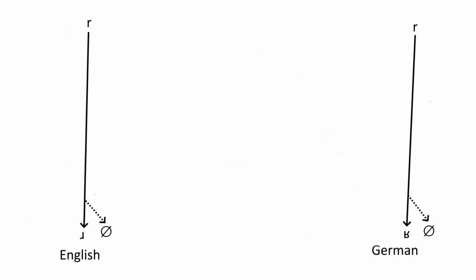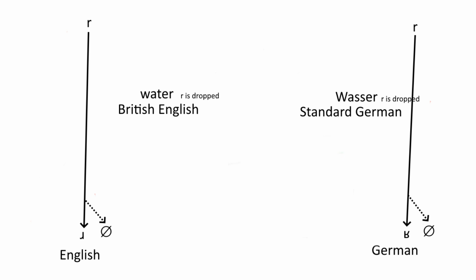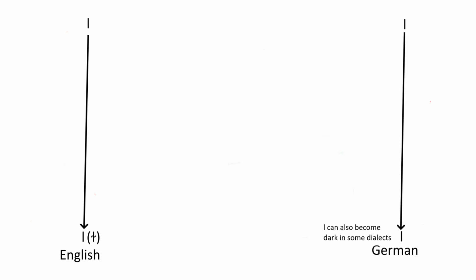Non-rhoticity, the recent phenomenon in Germanic languages where r is deleted after a vowel, occurs in some modern English and German varieties. It occurs in British English and Standard German, but not in American English or Yiddish, for example. So both British English and Standard German drop the r in water or Wasser, while American speakers do pronounce the r. Finally, l can become dark or more velar in most English varieties, while it stayed largely the same, light l, in Standard German.